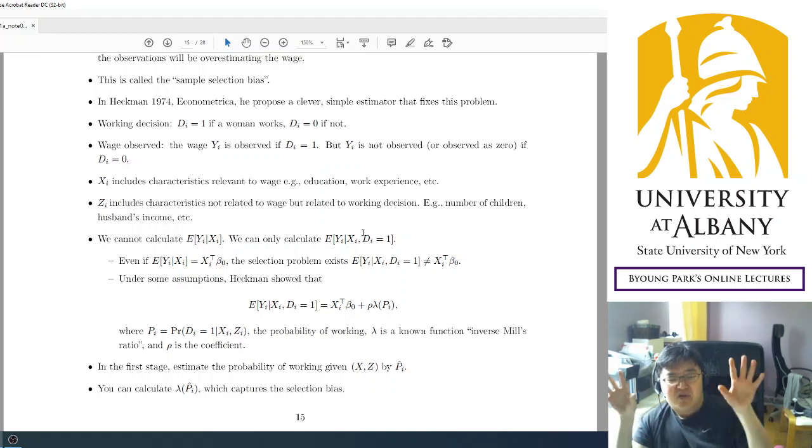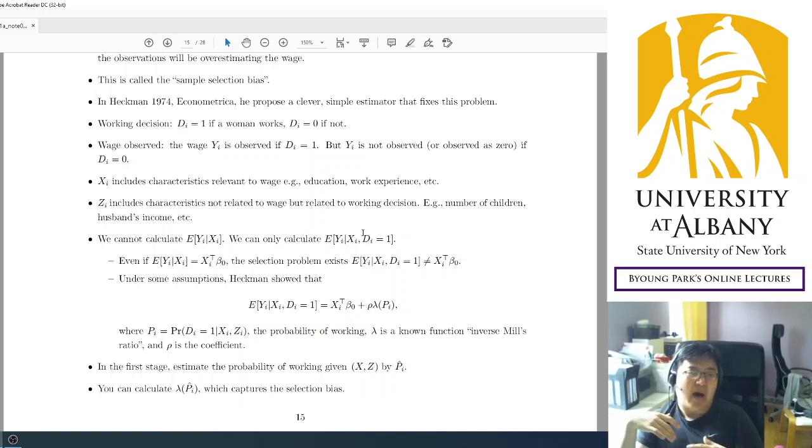So if two women are observationally the same, but one chooses to work and the other does not, then it implies that the woman who does not work is likely to have lower earnings potential, or higher reservation utility.